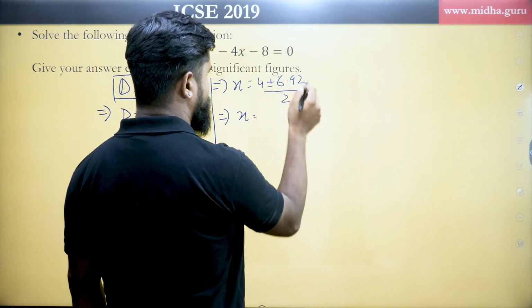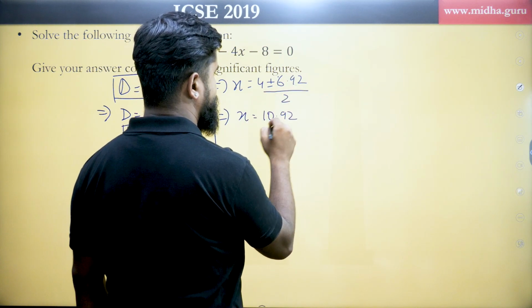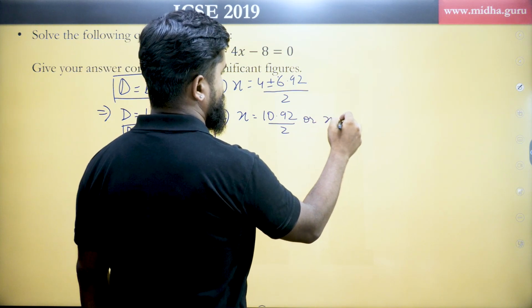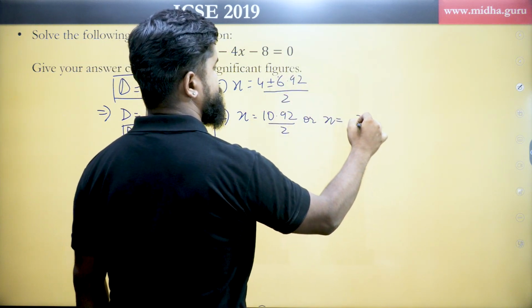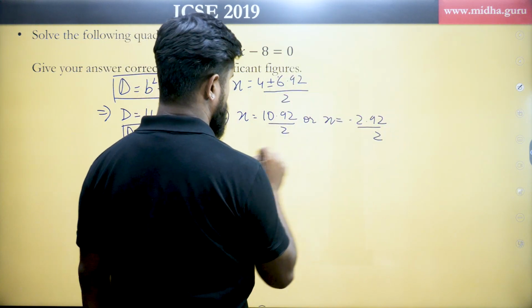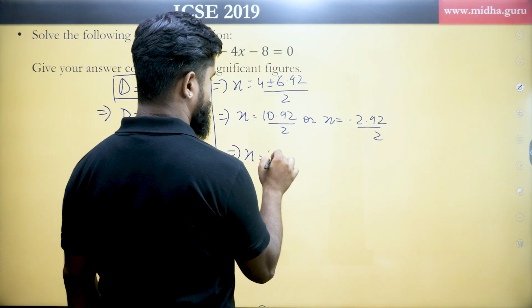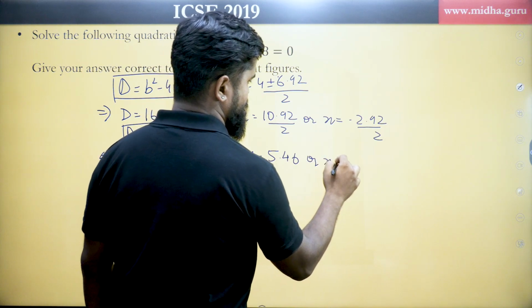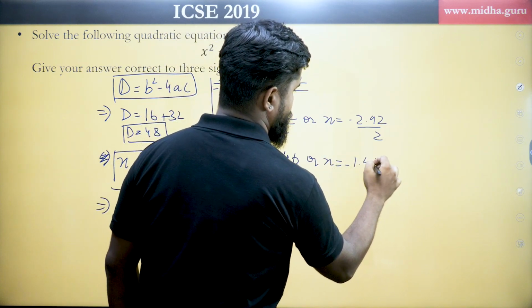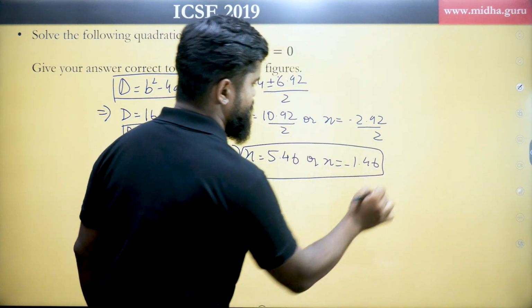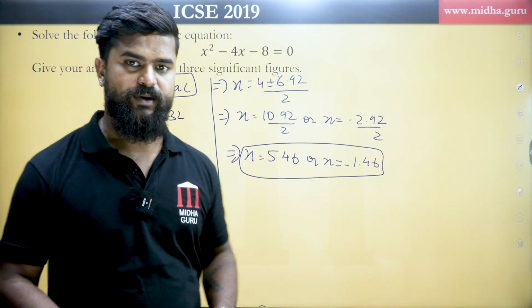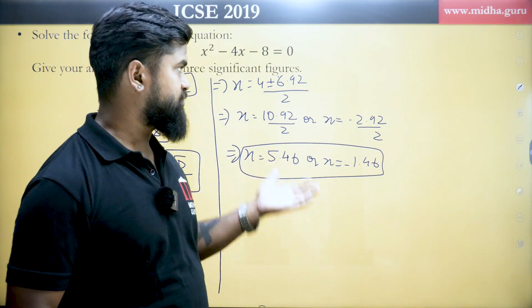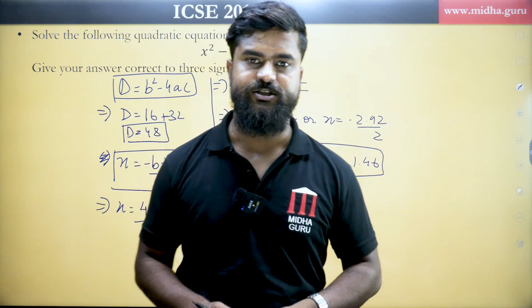So either it will be 4 plus 6.92, which will be 10.92 by 2, or x will be equal to 4 minus 6.92, which will be minus 2.92 by 2. So x is equal to 5.46, or x is equal to minus 1.46. So these will be the values for x, or the solutions for x for the given quadratic equation.